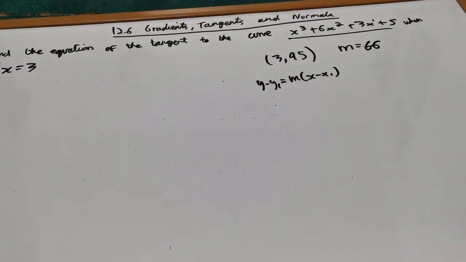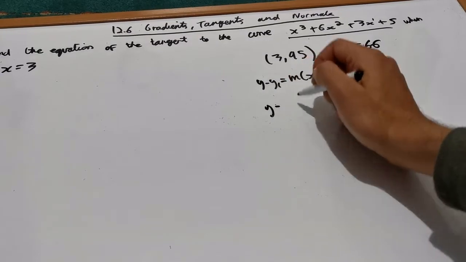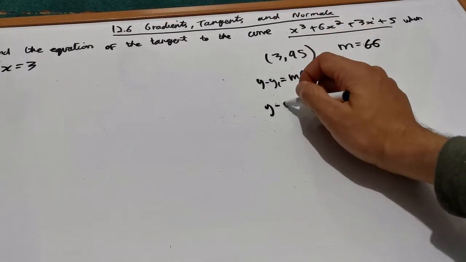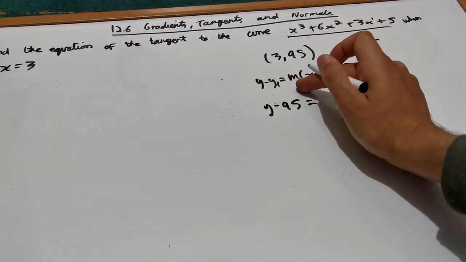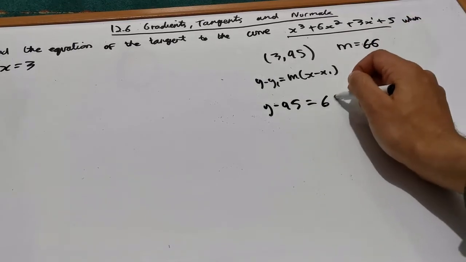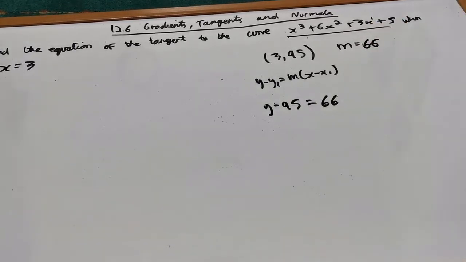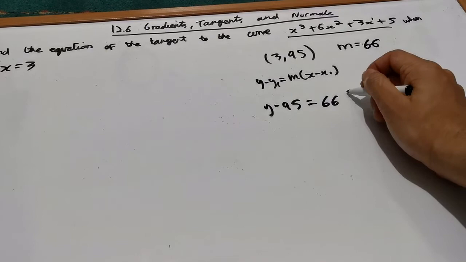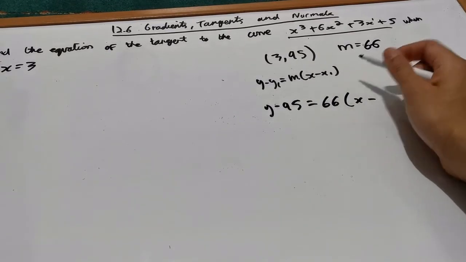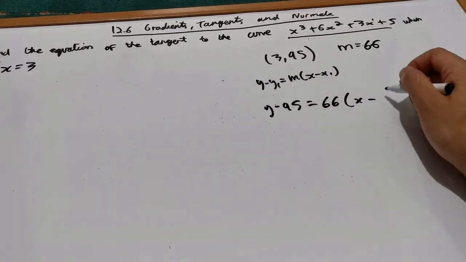Now all we need to do is substitute in our coordinates and our gradient, so y take away y1, which is 95, is equal to m, which is 66, which we figured out when we differentiated this and put in 3. X take away x1, and x1 is 3, and this was given to us in the question.